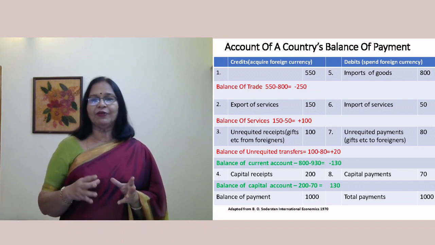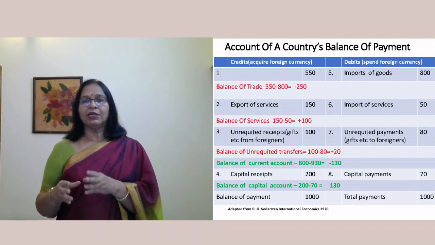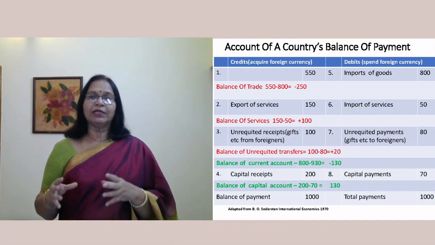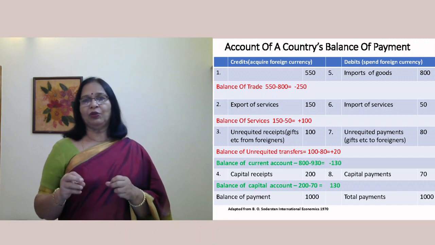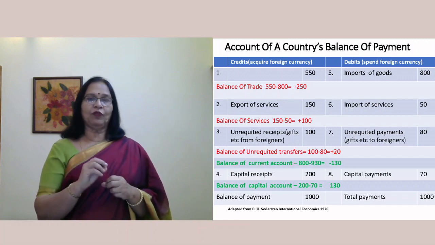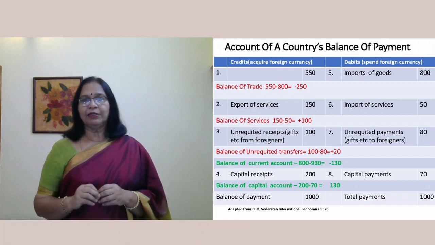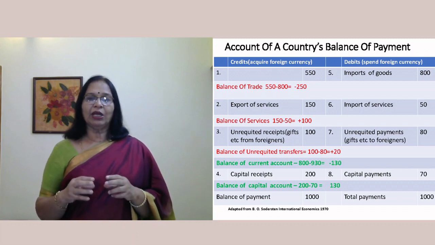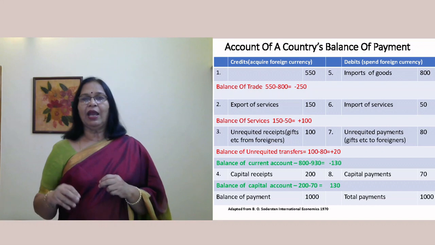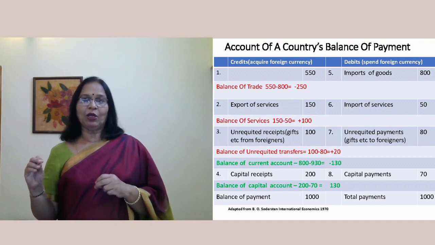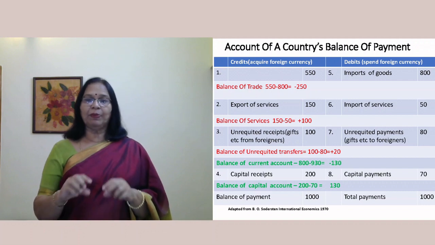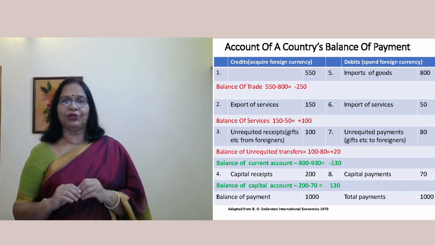The export of services is 150 monetary units and the import of services is 50 monetary units. So we get a surplus of 100 units. The third item is unrequited receipts and payments. Unrequited receipts we have 100 and unrequited payments we have to make only 80. So we get plus 20, a surplus in the unrequited account of the country.